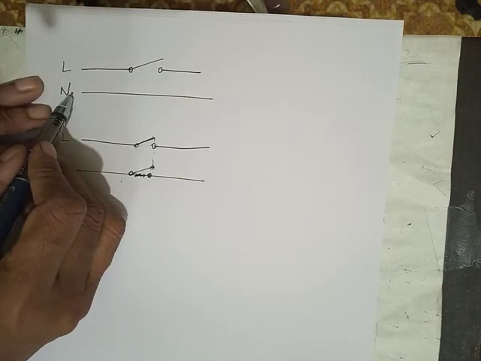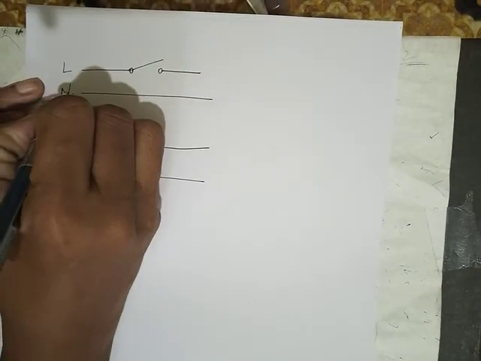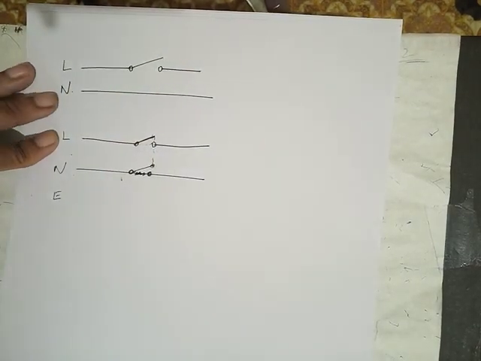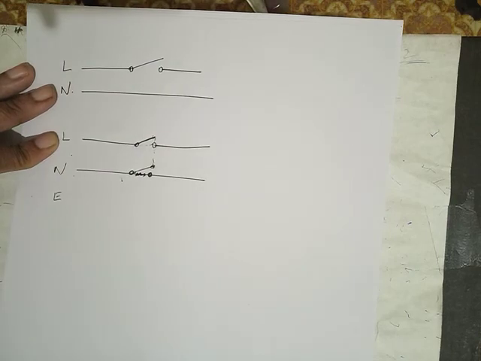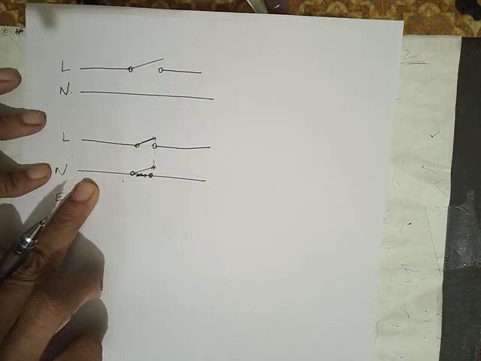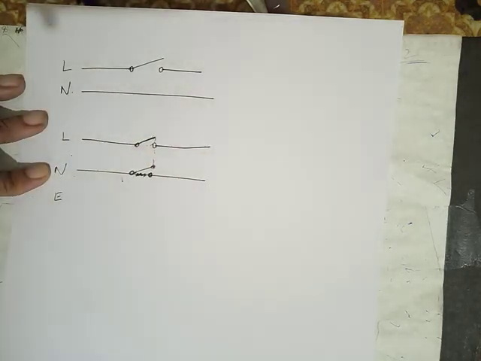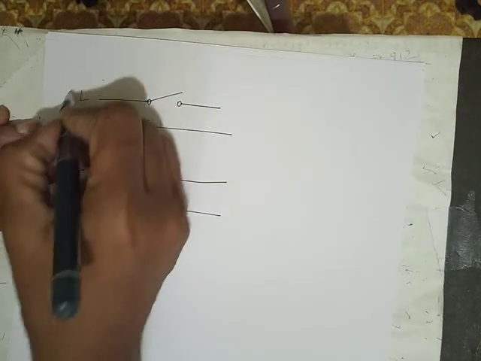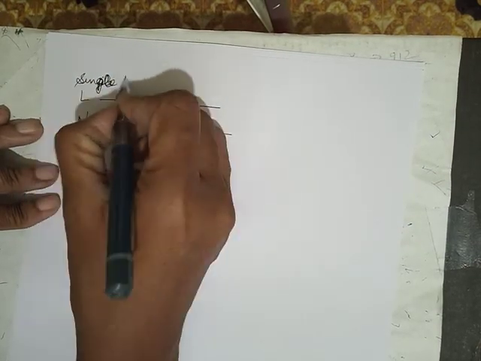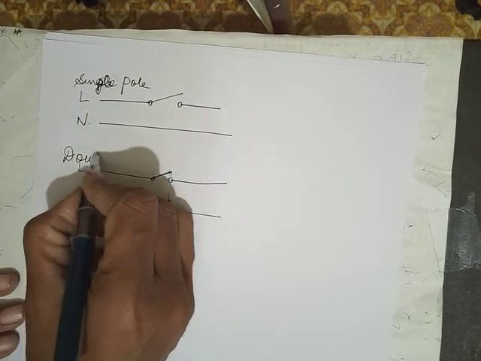In this case, neutral is still connected, but you know that current has to enter through this and has to come out. This is just the return path. So even if it is kept on, it is okay. But this is for an extra safety purpose that they do like this. So these are the two types of switches: single pole switch and double pole switch.